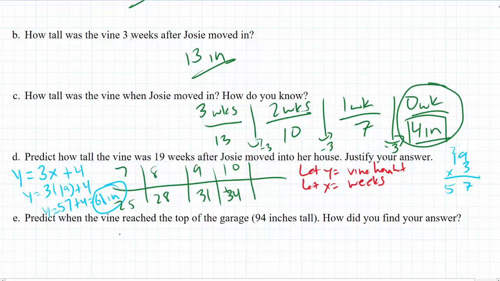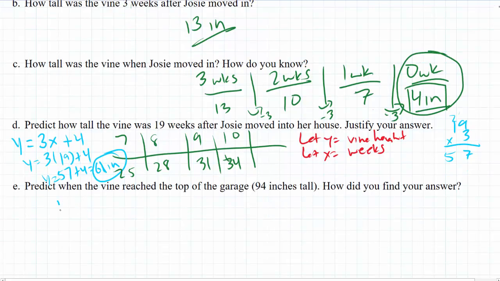Finally, predict when the vine reached the top of the garage or when it's 94 inches tall. And there's a lot of different ways to do this. You guys might think that it's increasing. Let me use a different color. It's increasing by 3 inches each time. So if it's increasing by 3 inches every week, you guys might notice, okay, at 10 weeks, it's 34 inches.